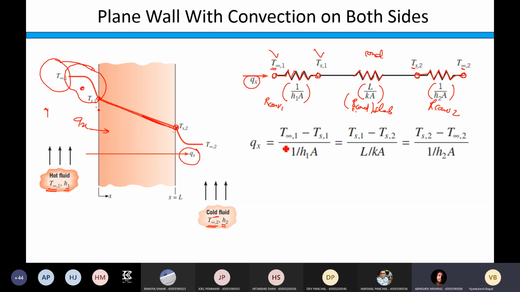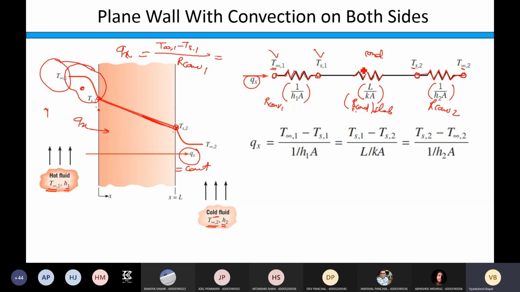Now write on this. Under steady state condition, the rate of heat transfer is constant. Qx is constant under steady state. Means if I take only this much temperature difference into account, and divide it by the convective resistance 1, which is this, then also you can find out Qx, the rate of heat transfer, and this will remain the same.